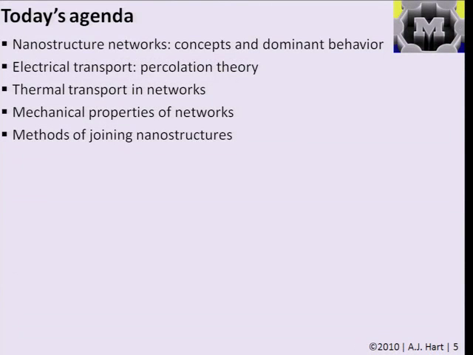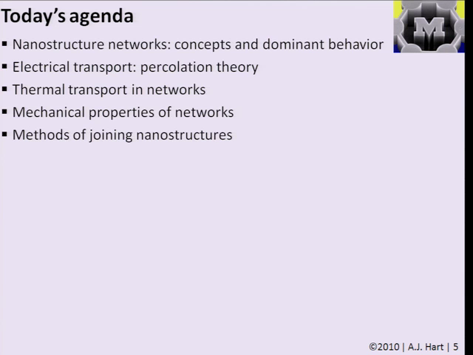So today then we'll talk about the general concepts and dominant behavior of these networks of structures. We'll talk a bit about electrical transport, particularly in relation to percolation theory, which is a basic theory that just describes how the electrical transport through a network scales as you scale the characteristics, and particularly the volume fraction of structures, or volume fraction of filler you have in a simple area.